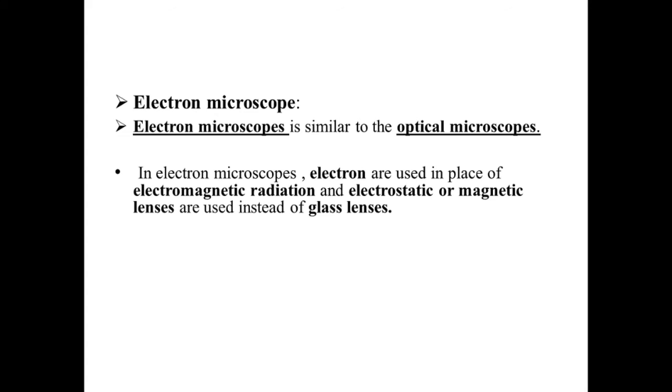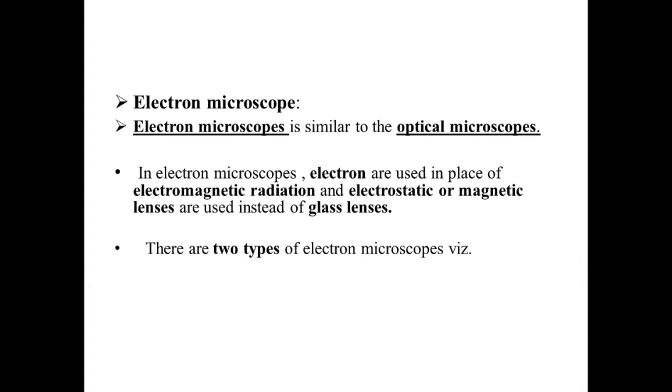In electron microscopy, electrons are used in place of electromagnetic radiation, and electrostatic or magnetic lenses are used instead of glass lenses. So, here in electron microscopy, we simply use electrons and electrostatic or magnetic lenses.